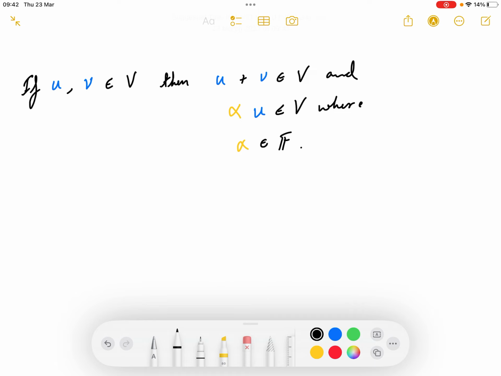So basically, vectors can be very abstract. It could just be literally functions even. So the vectors I'm talking about are finite dimensional vectors that have, so column vectors.